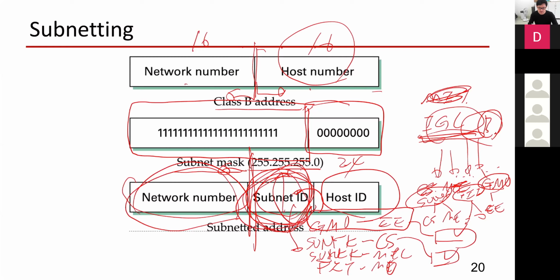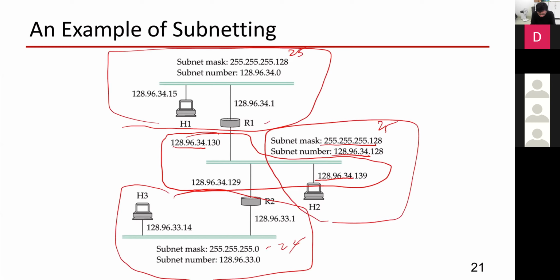My router comes in at 128.96.34.1, and there is also 128.96.34.15.